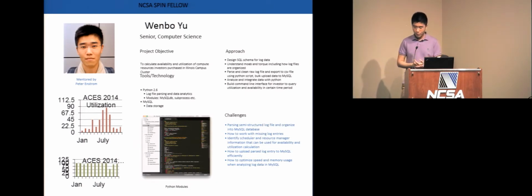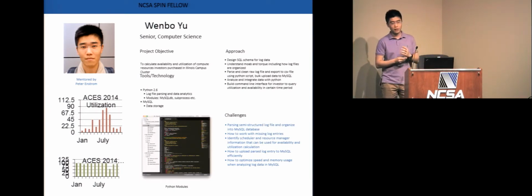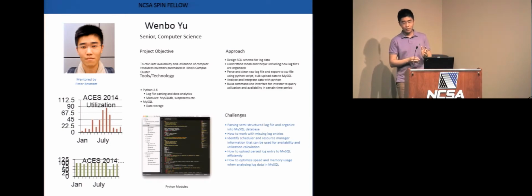But later, as I was computing the utilization for each investor, I noticed during some time period for certain investors, the utilization is surprisingly low and in some cases even negative. And then I thoroughly tested every corner of my code and still could not find a bug.